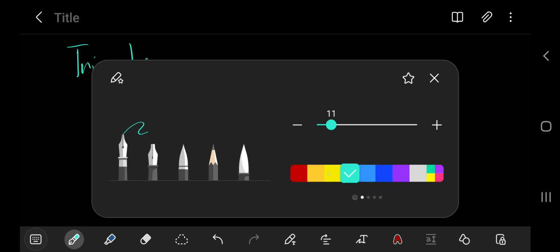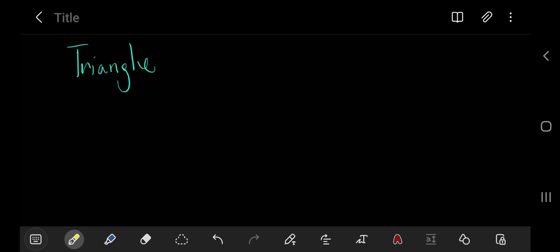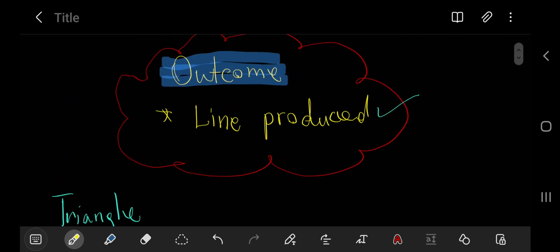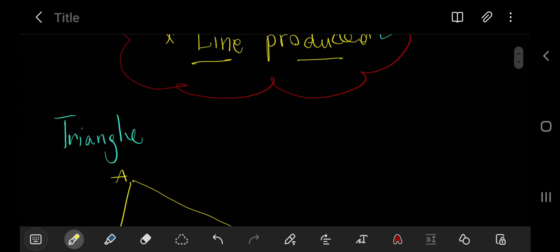And the first example is that of a triangle. Okay, so assuming we have a triangle ABC, and we want to have one side of the triangle to be produced to a certain point.